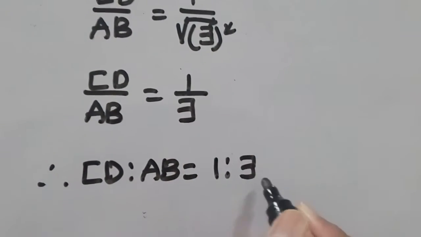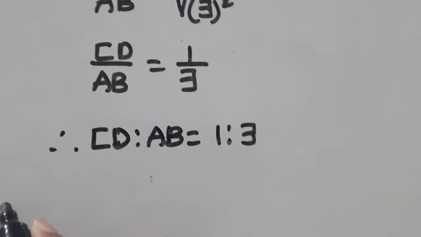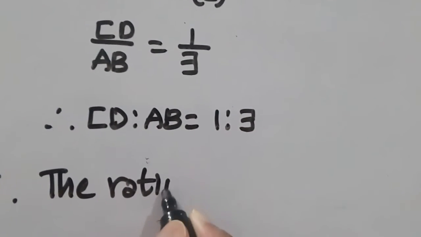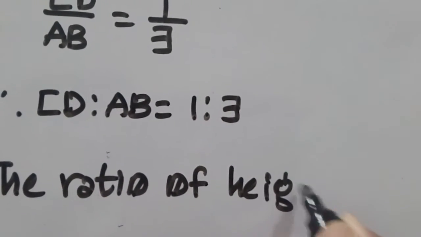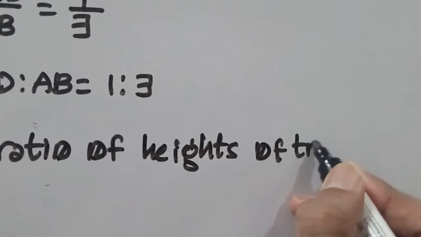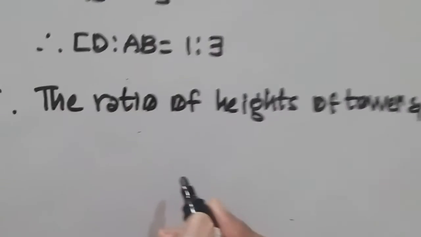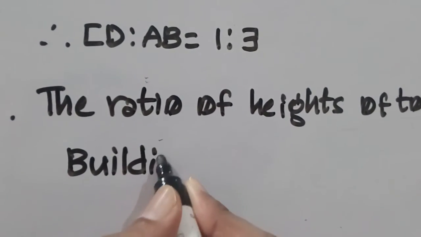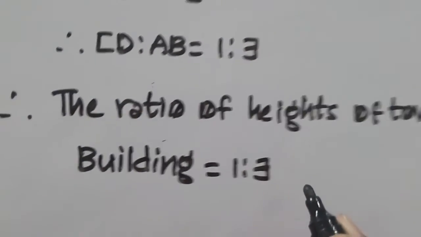We can write this fraction in ratio form. CD is to AB is equal to 1 is to 3. Therefore the ratio of heights of tower and building is 1 is to 3.